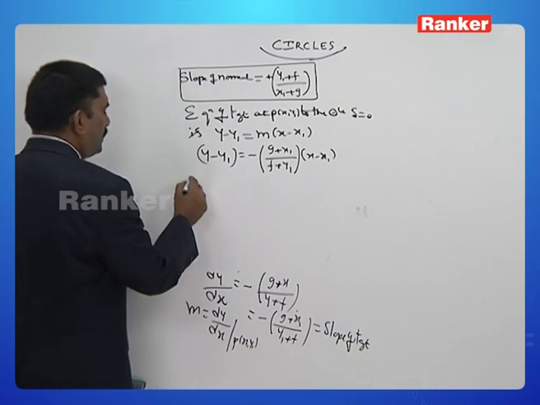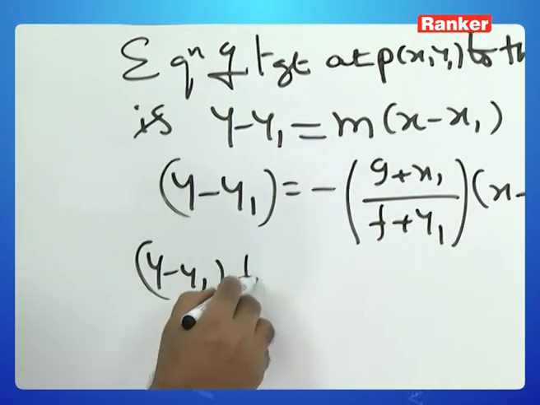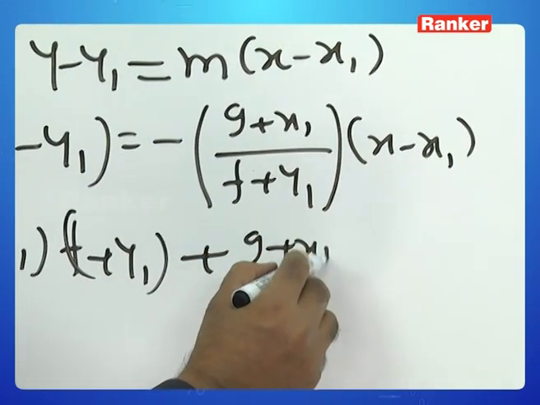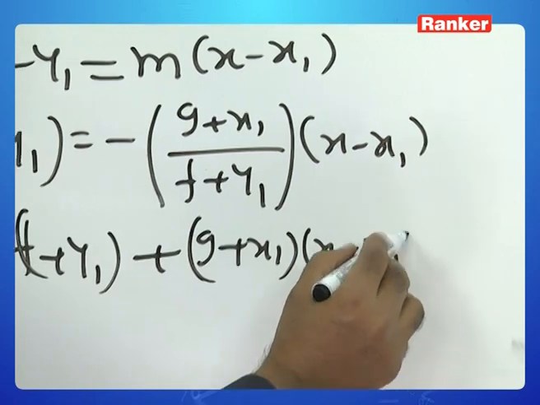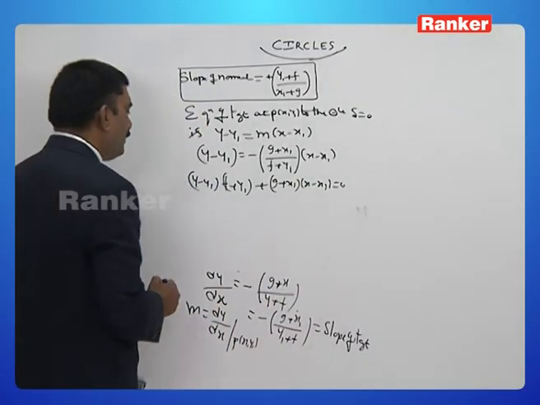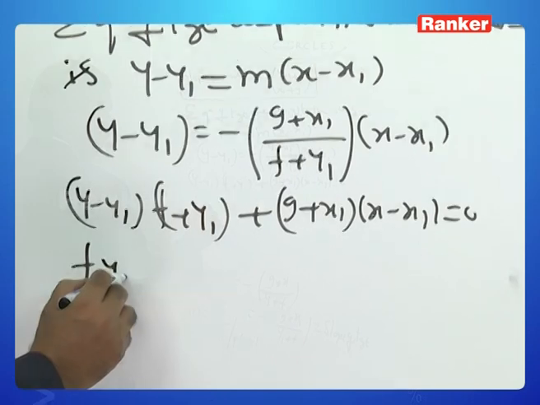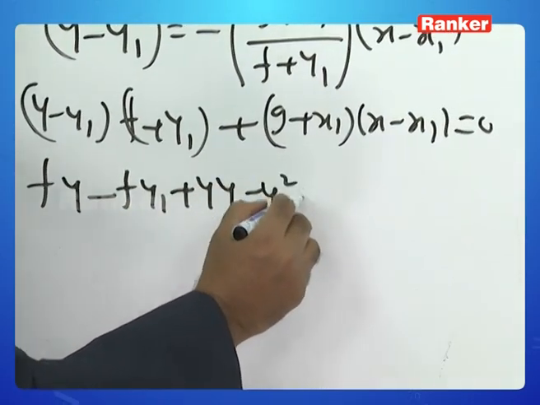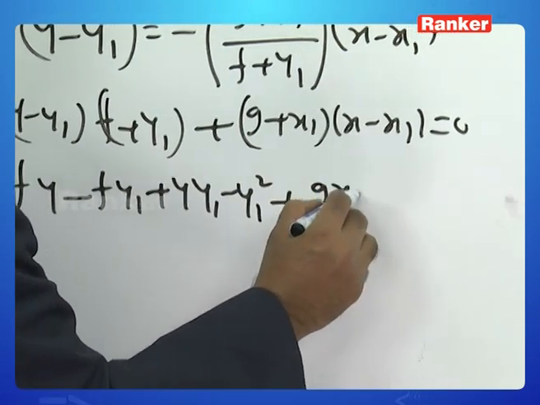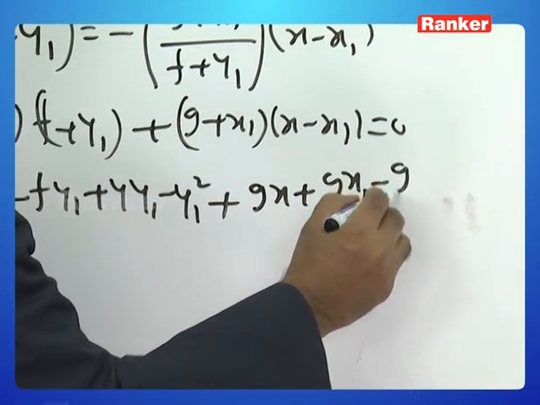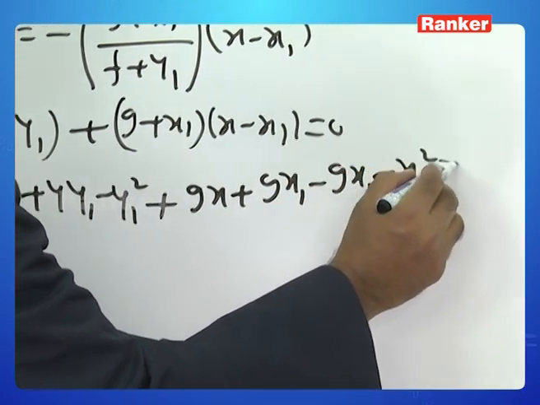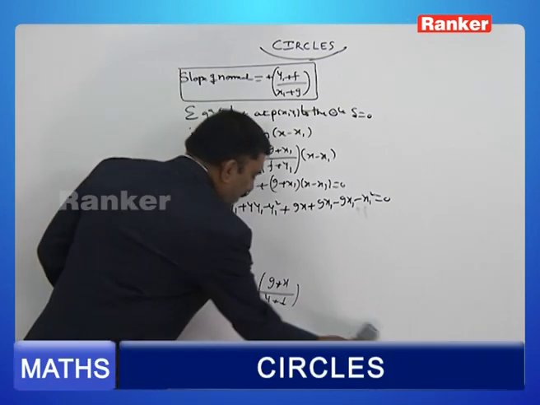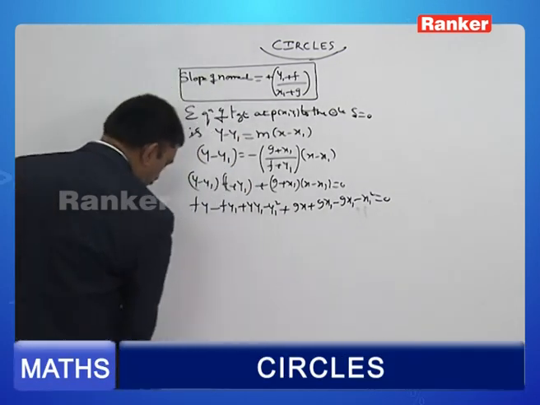Cross multiply. This becomes (y minus y1) into (f plus y1) plus (g plus x1) into (x minus x1) is equal to 0. So after simplification: fy minus fy1, next yy1 minus y1 square, next gx minus gx1, plus xx1 minus x1 square is equal to 0. Transfer the terms which have minus signs to the RHS, they become positive signs.